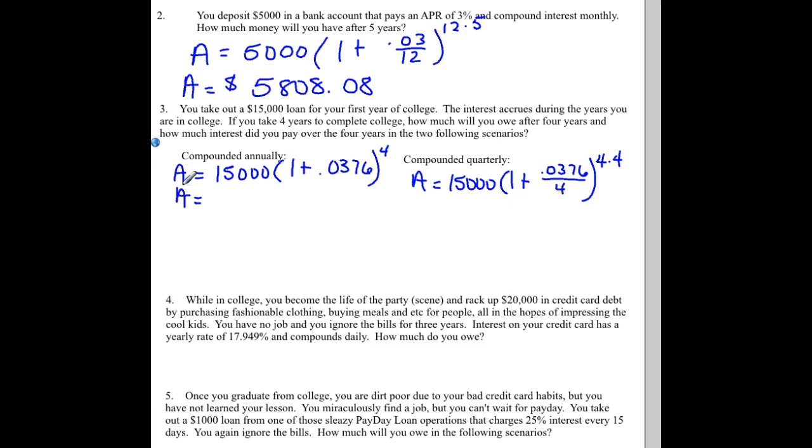Okay. So what did we get for compounding annually? $386? Point. Okay. And if it's compounded quarterly, it's still 17,000, but what's the rest of it?